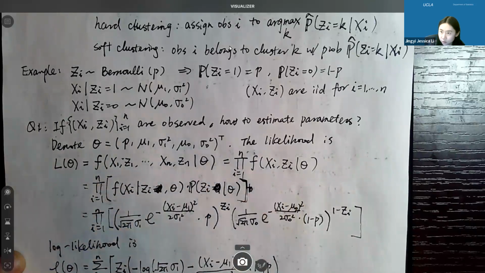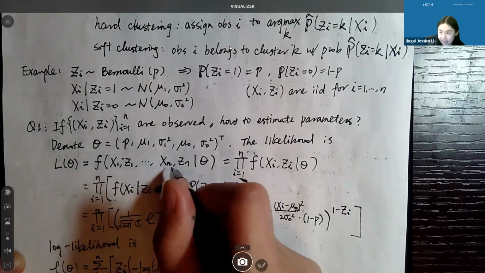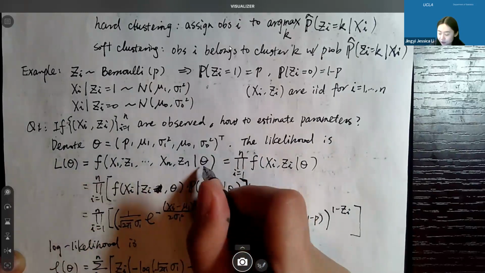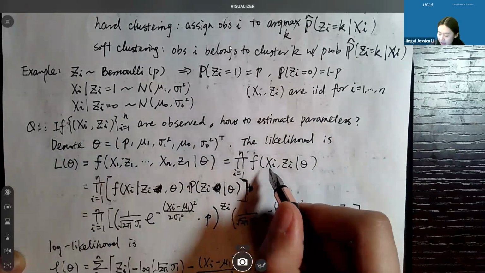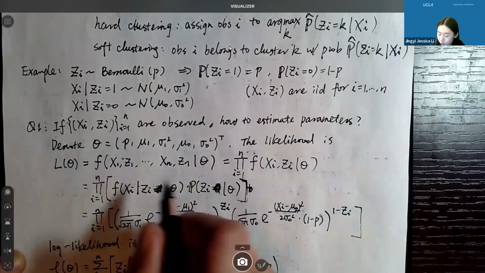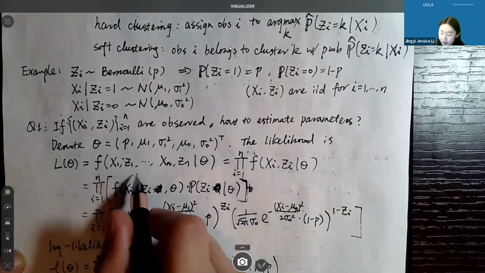If we look at it another way, we consider the data points x1, z1 to xn, zn as fixed, but we vary theta, then we call it a likelihood. So in this case, this likelihood function is fully specified as a function of theta if we input our complete data.